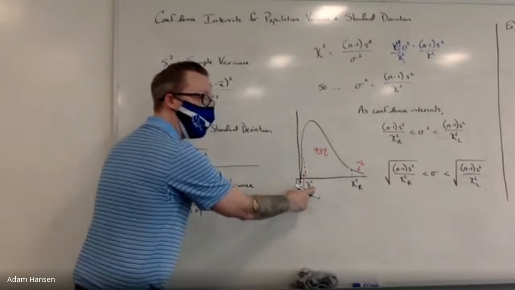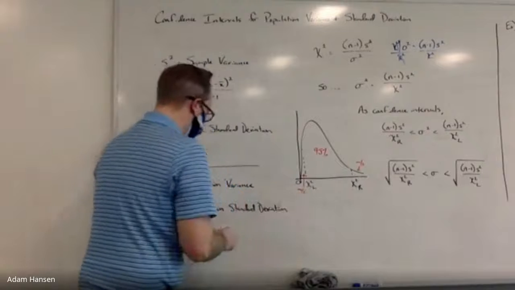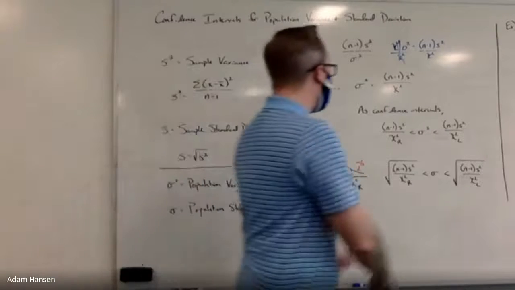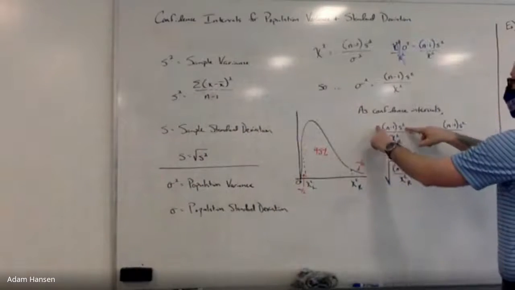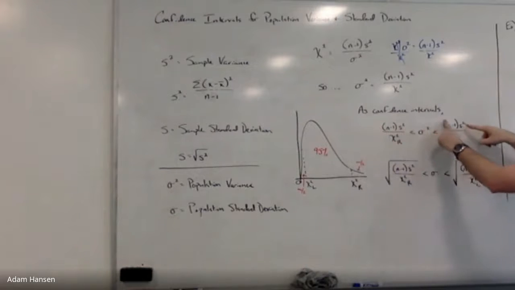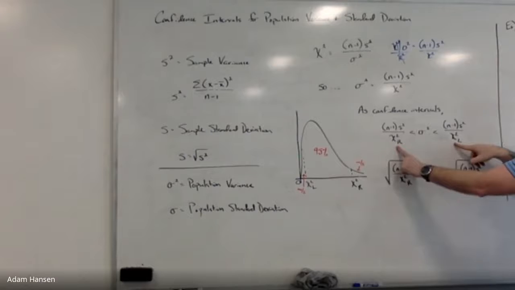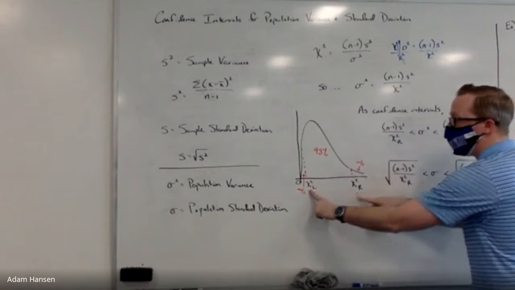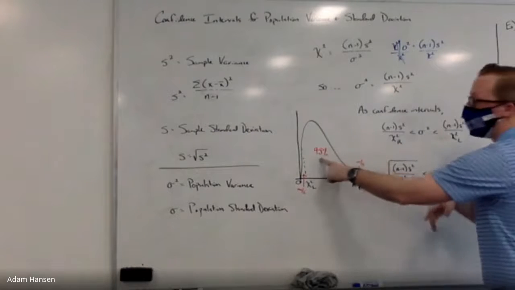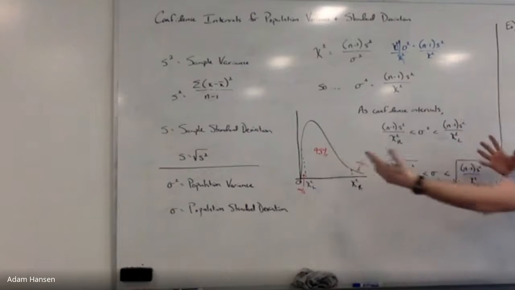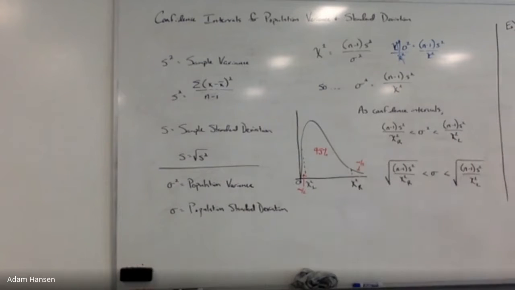Left would be some smaller chi-square number. So when I set up my formula, I'm going to take n minus 1 times s squared, and then divide by two different chi-square numbers to capture a certain part of the distribution. You want to have 95% in the middle, 99% in the middle, 90% in the middle. What type of confidence interval are you creating? How certain do you want to be you've captured the parameter?